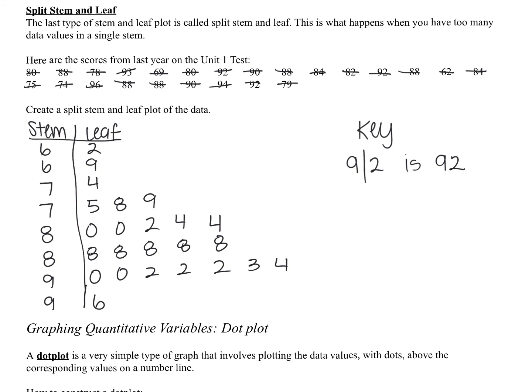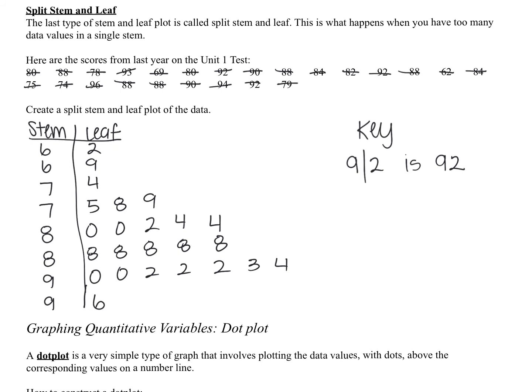In this case, because we're looking at test scores, it's just a number. We don't really have units. So it's just going to be 92. The previous example, when we were looking at heart rate, does have units. It's beats per minute. So when you do your key for that, you're going to want to make sure you include beats per minute.